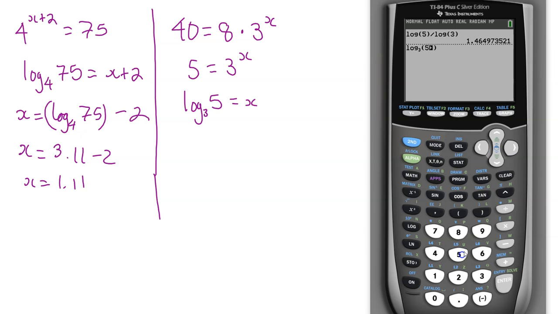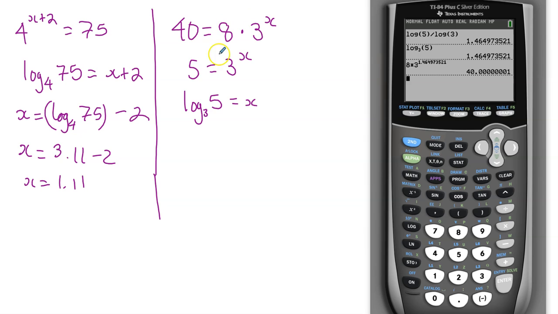Arrow over to get here, get the 5, and there we go. If you want to check that, you can go 8 times 3 to the power of, and let's just pull that number down, and we get 40. Well, really close to 40, right? I mean, 40.00001, which is really 40.